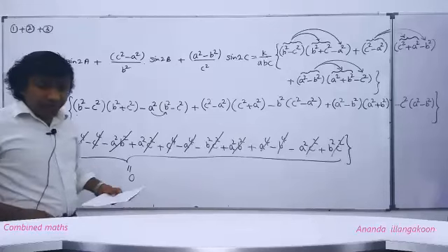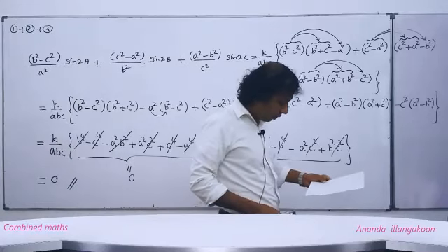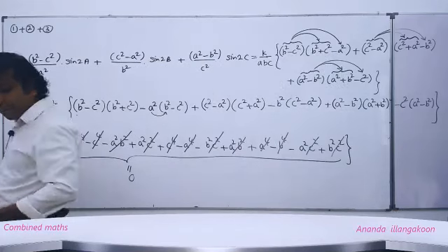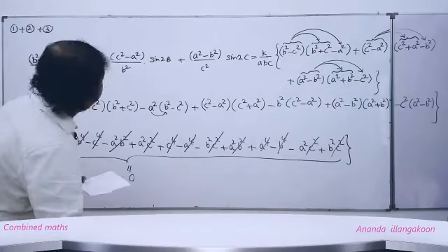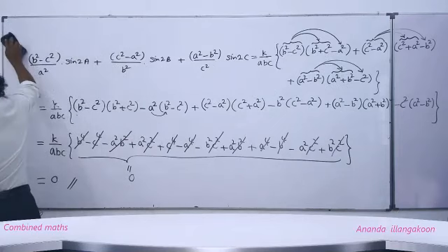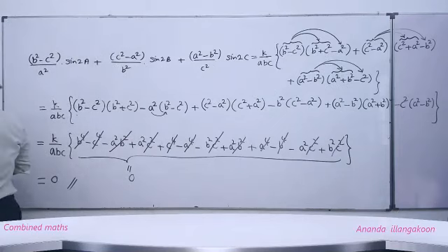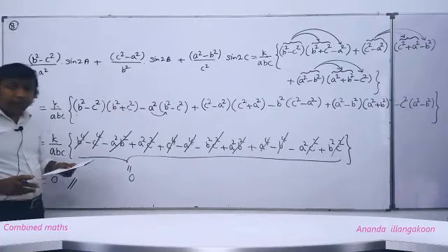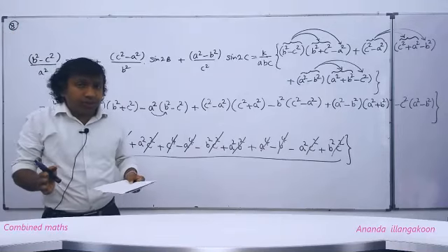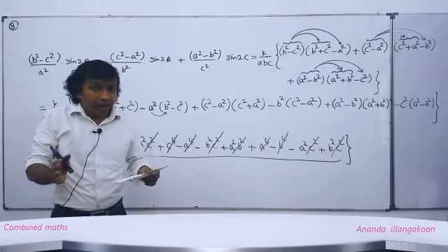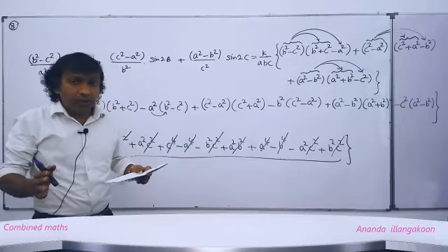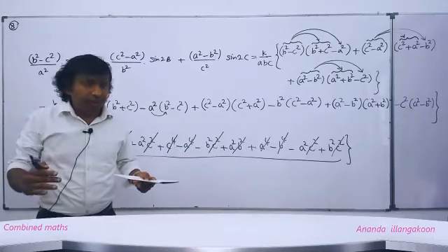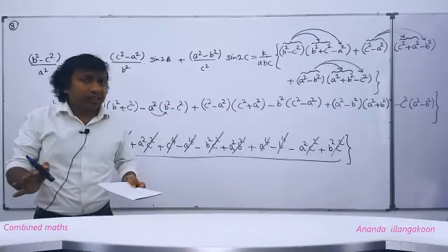As an expression, we will take question number 8 in page number 4. Remember, for an expression to be considered a cyclic symmetrical expression, that expression should contain 3 terms.